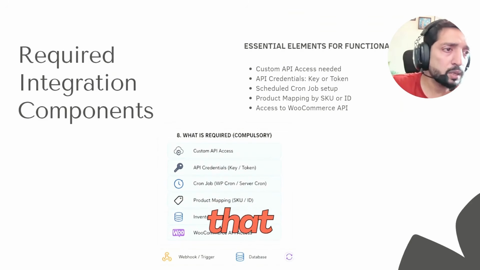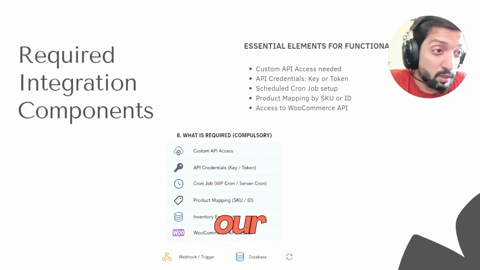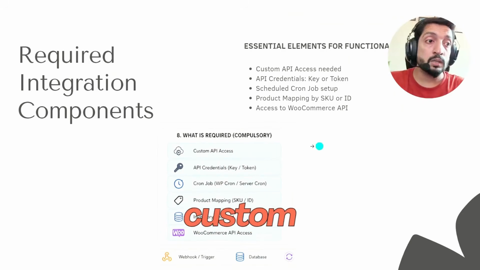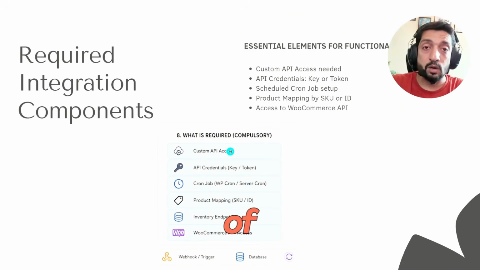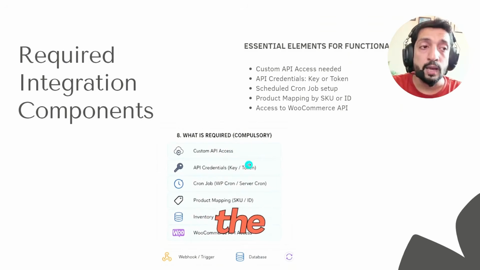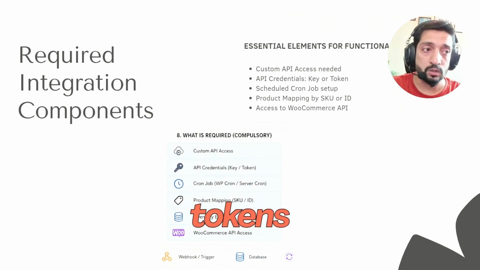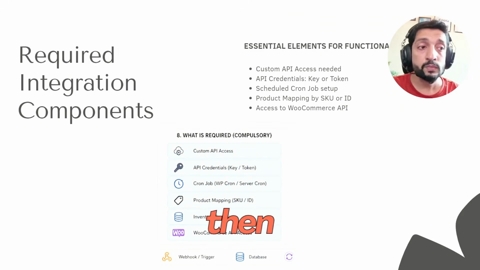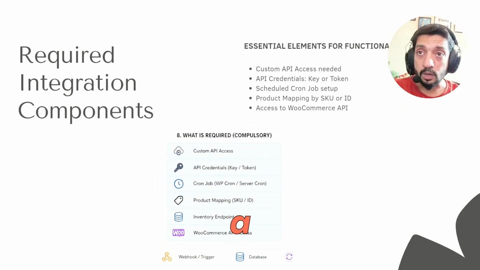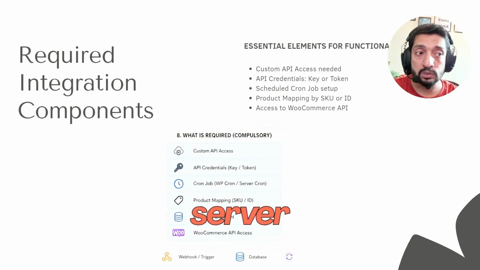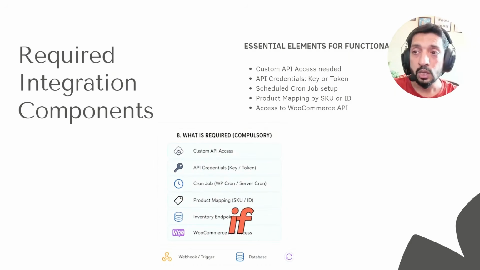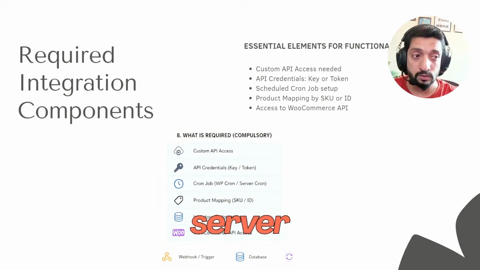And the things that we're going to need for our integration would be the custom API access of your external API system, and the API credentials, which could be keys or tokens. Then a cron job. A cron job could be WP-Cron or a server cron. Server cron, if you have cPanel or other tools, you can easily set up a cron, or you can use any external service to set up a server cron.